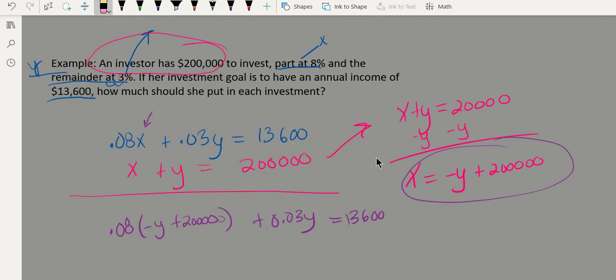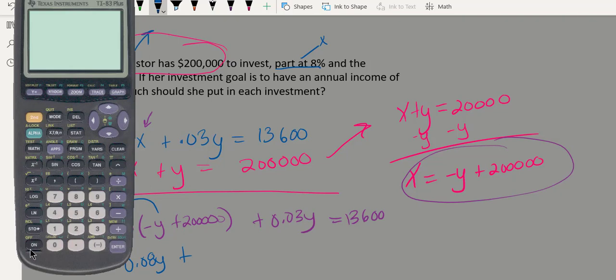Okay, so now we need to just simplify. So this will give me a negative 0.08y plus, let's see what that happens to be, 200,000 times 0.08 will now give me 16,000.